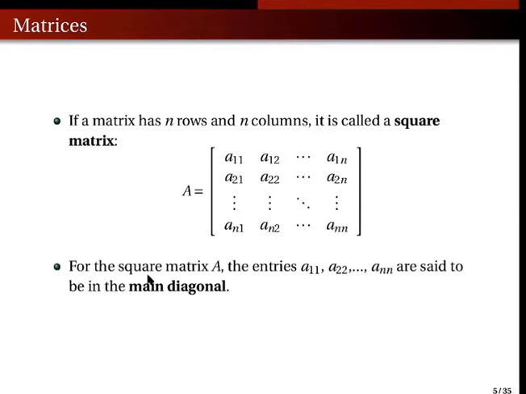Now, for the square matrix A, the entries A11, A22, until Ann are said to be in the main diagonal. So if you look at these entries here, these are the entries in the main diagonal.